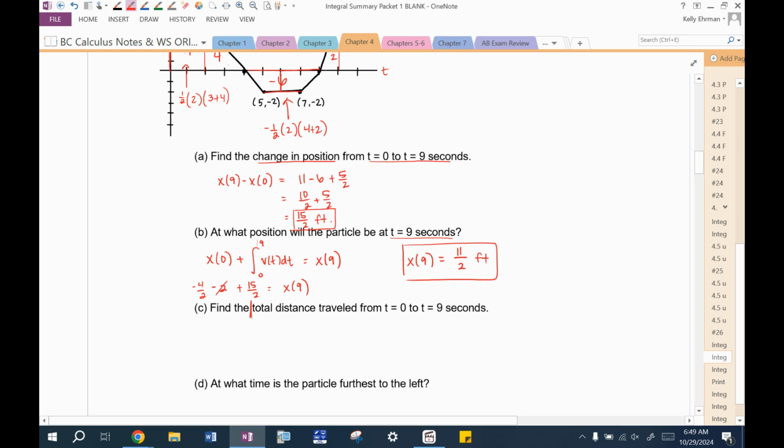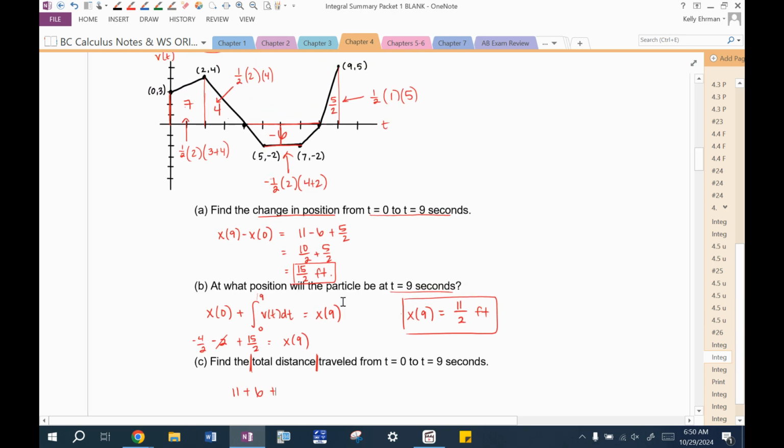Find the total distance traveled from 0 to 9 seconds. So remember, the change in position takes into account going left and right here, positives and negatives. Total distance would just be, we're basically just saying the absolute value of each piece. So total distance would just be 11 plus 6. Doesn't matter that that was negative.